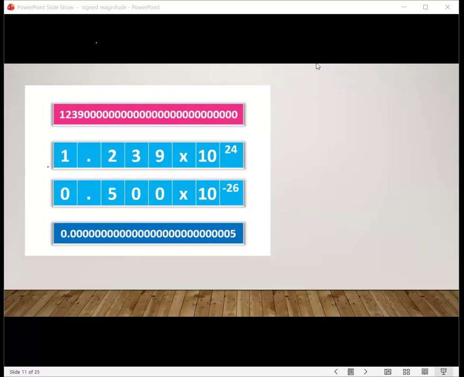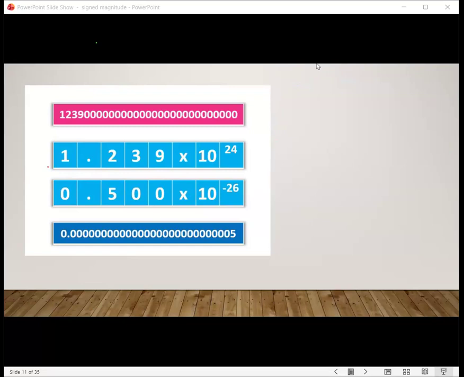So when we multiply, we have to use only this format. So the normalized form is the standard form. This is in decimal. The computer uses this format to represent binary in floating point.